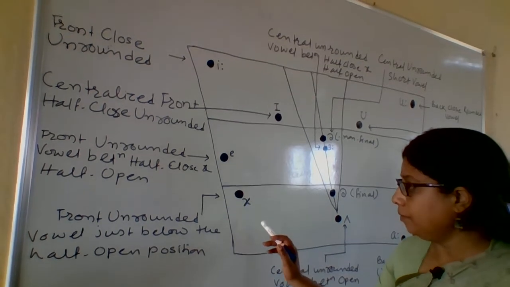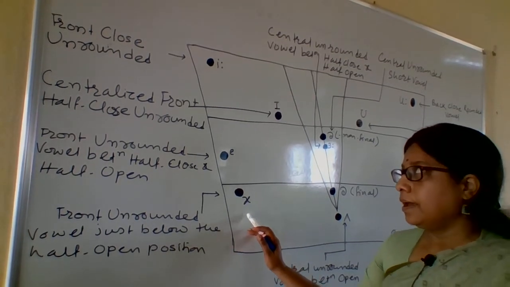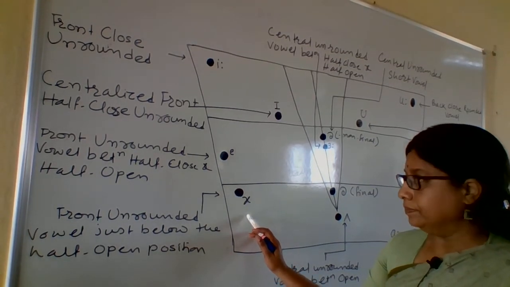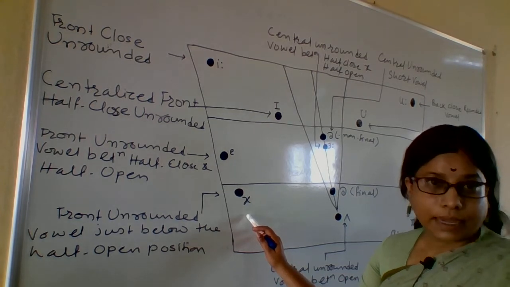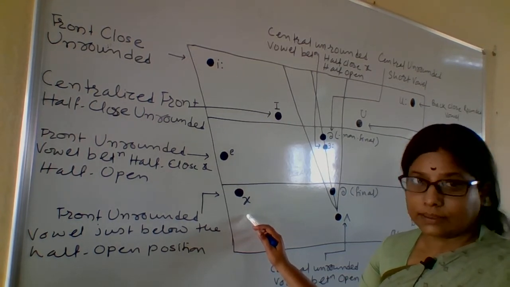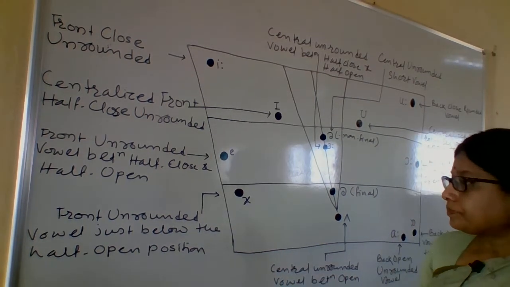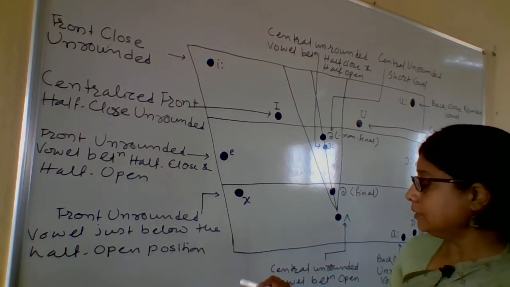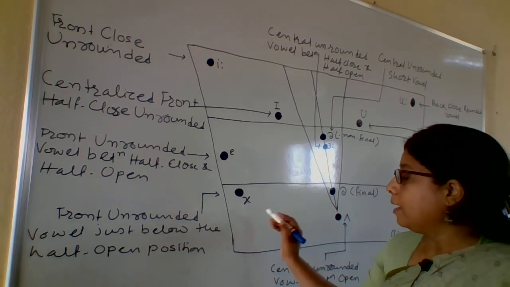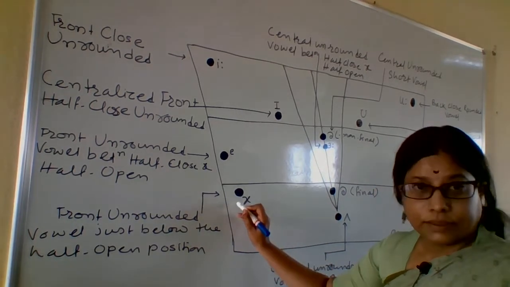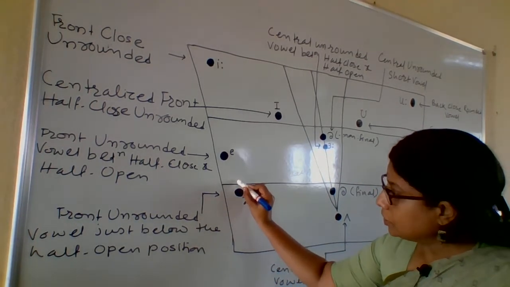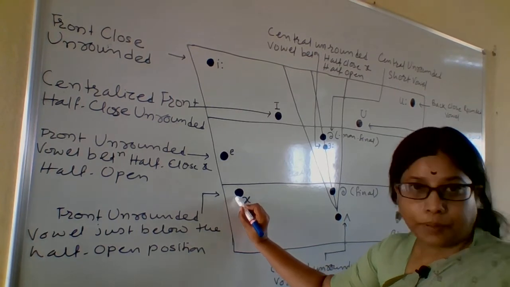Now we have this A, as in sat, as in rat, as in man, as in can, etc. What happens is, here the front part of the tongue is raised just below the half open position.